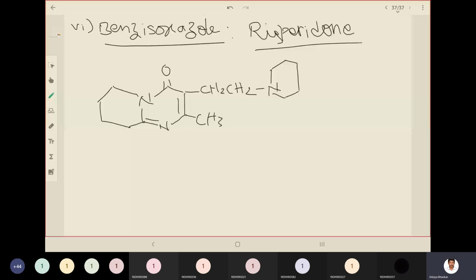The benzisoxazole is linked to the piperidine. This moiety is connected to a piperidino, pyrimidine derivative.